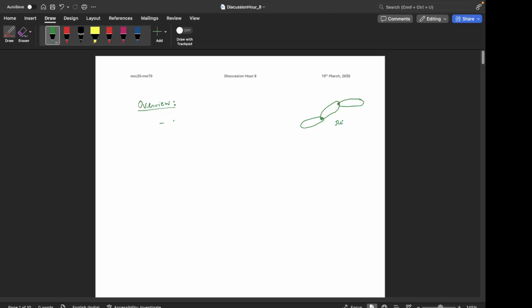So we have rigid links, and secondly we have joints. In most of our discussions we have seen the revolute joint and the prismatic joint, and occasionally the spherical joint. There could be other types of joints as well, and earlier in the course we have seen a table in which different joints have been listed.